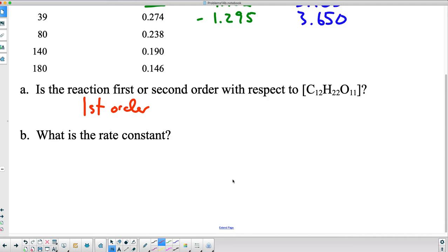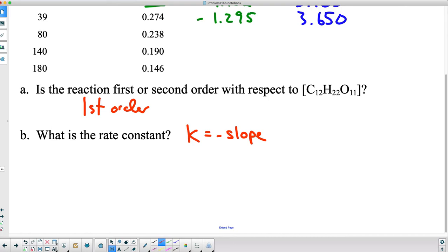So k equals the negative slope of the straight line for the first order.